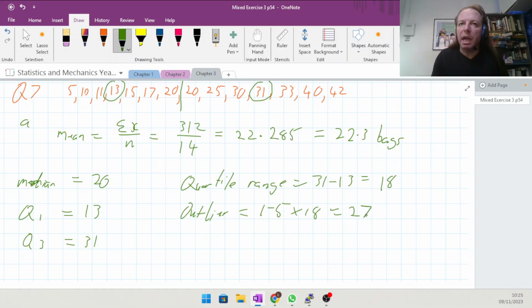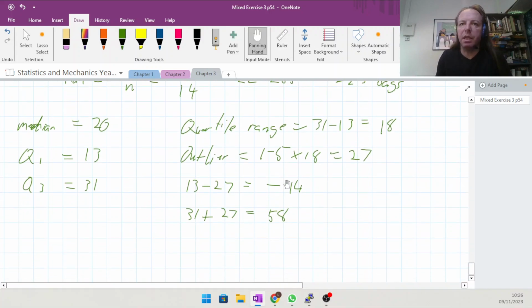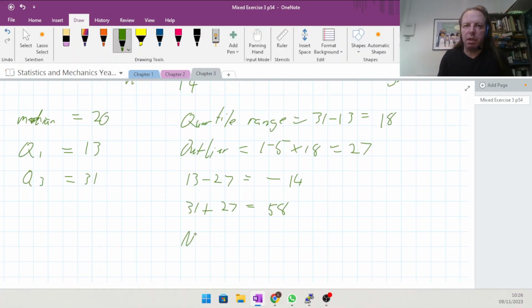Then we do 13 take away 27, and 31 plus 27, to get where the outliers would be. 13 minus 27 is minus 14, so I don't think we sold minus 14 bags. And 31 plus 27 is 58. We didn't sell any 58 bags. So no outliers.